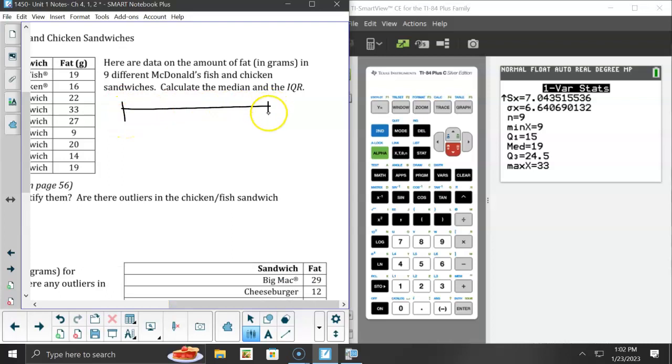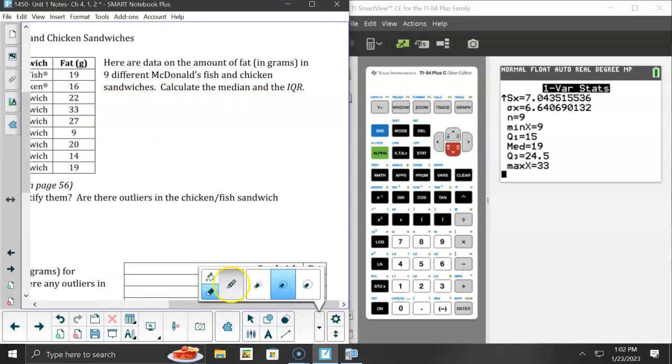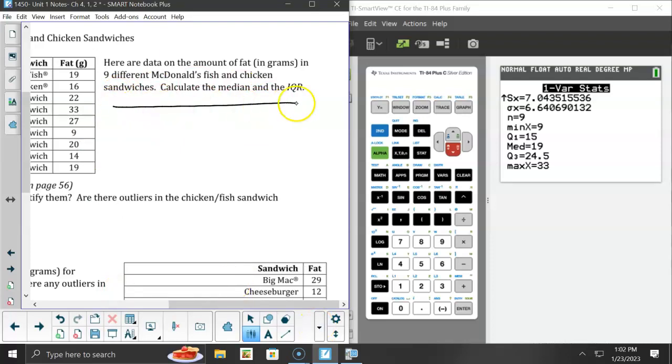So I'm going to make a little number line. Where do we want to start? Let's start at 5. We're gonna try and measure it all out: 5, 10, 15, 20.